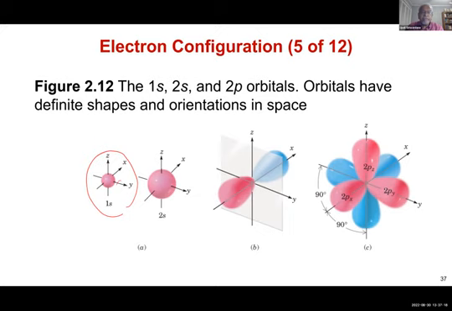The first one is found at the lowest energy level. The 1 is the shell number or period number. We're going to talk about this in a minute. The second, 2s, is here. I'm going to square it here. It is 2s. It belongs to the second period or second shell. It's bigger.